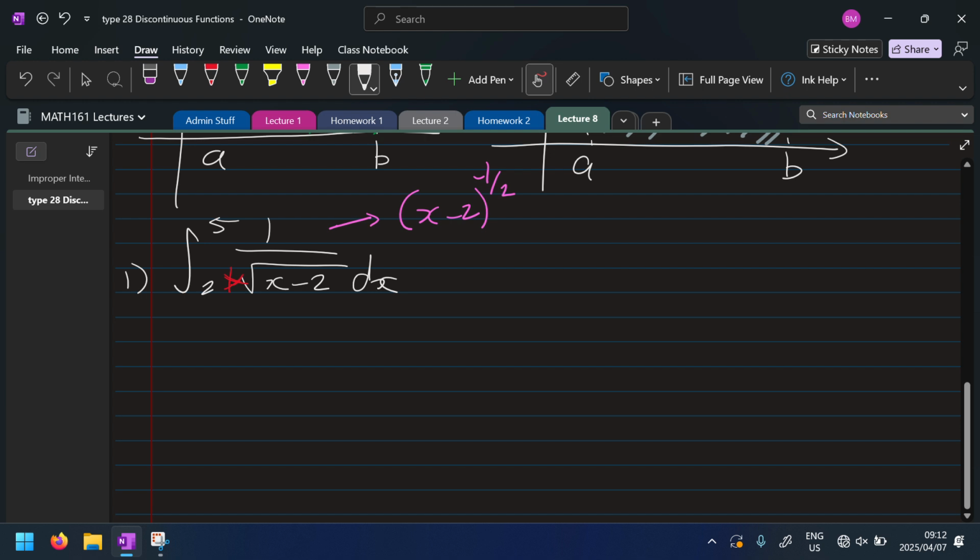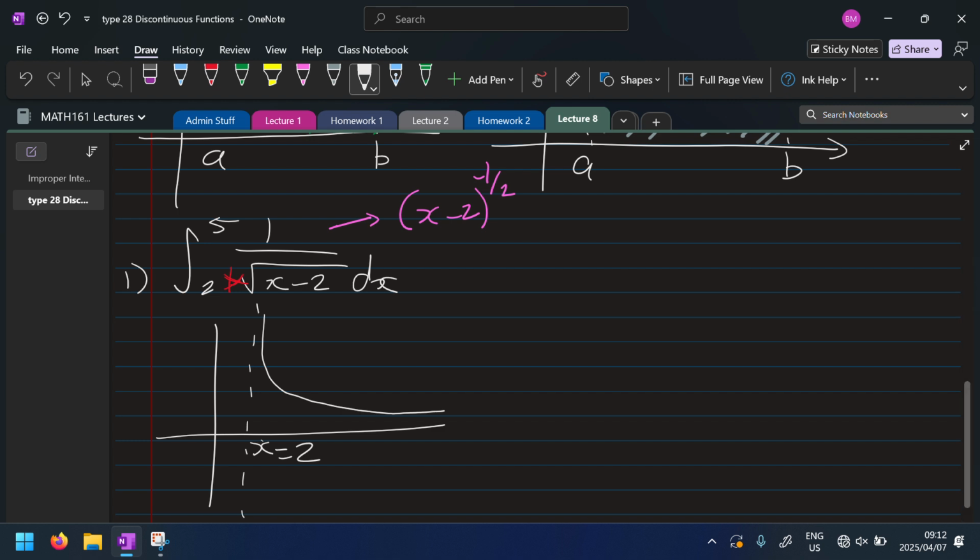Just as a picture, what this looks like is something like this. At x equals 2, there's an asymptote to the function, and then at x equals 5 there's no problem. What we want is this area over here. Now, this can go two different ways. We've got an asymptote, which means the function goes to infinity.